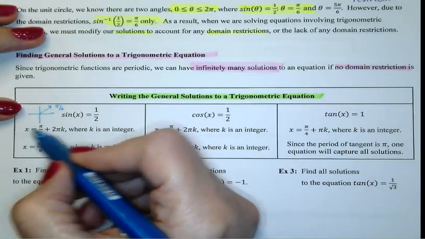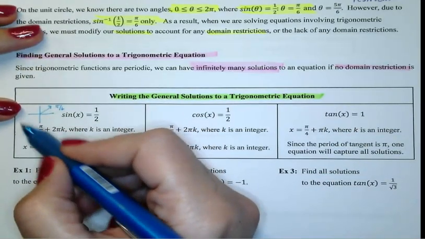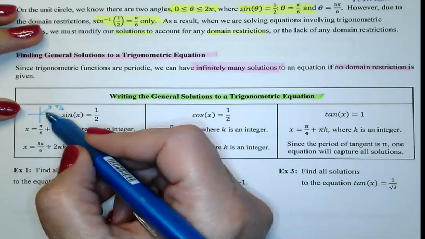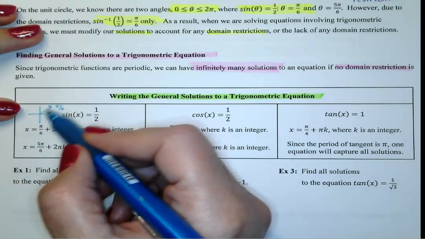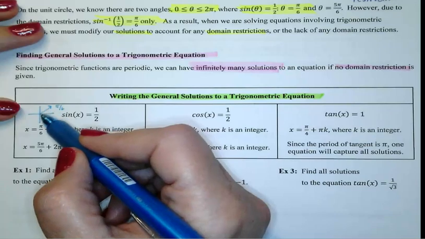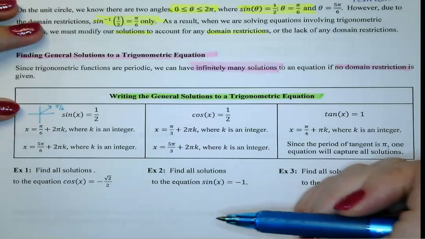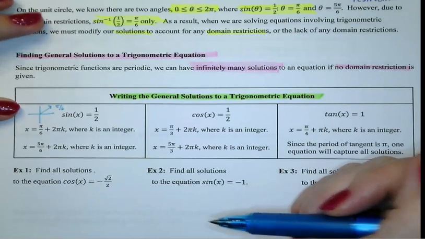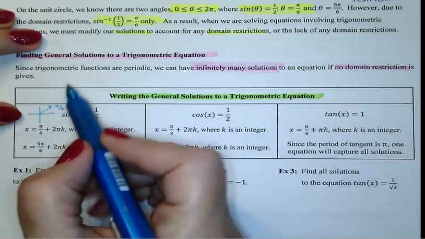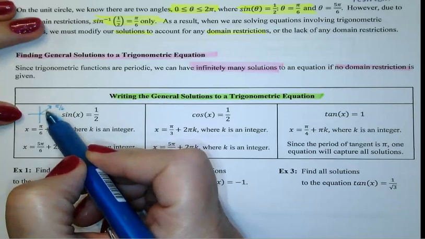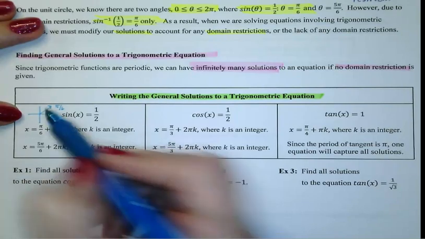If we keep going forever and ever around the circle, any angle that terminates at this same side, remember we call those coterminal angles, is going to have that same solution. So we write an equation that would represent all solutions that would start and stop here at pi over 6.